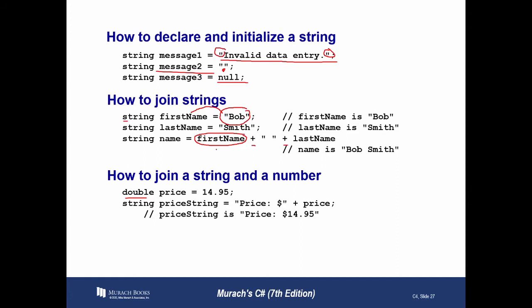But when you're concatenating, you need these plus signs. And don't forget, in order to get an output of Bob space Smith, it is the space between the concatenated words that definitely needs to have that quotation, and there's a space in here. You have to put that in there to get this output. Otherwise, this gets moved right over beside the B.